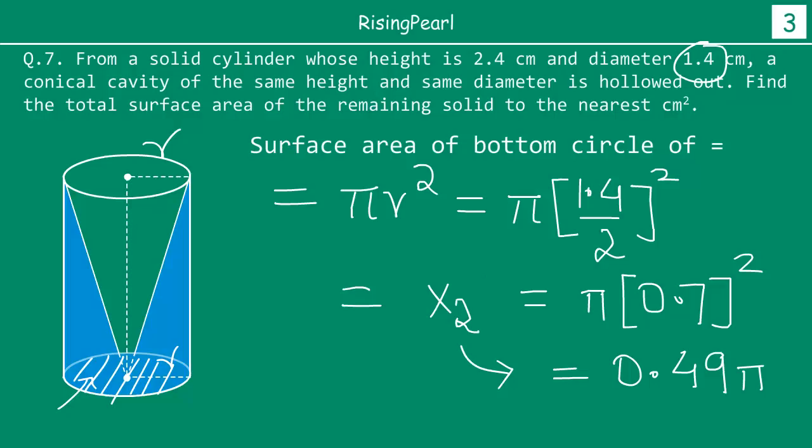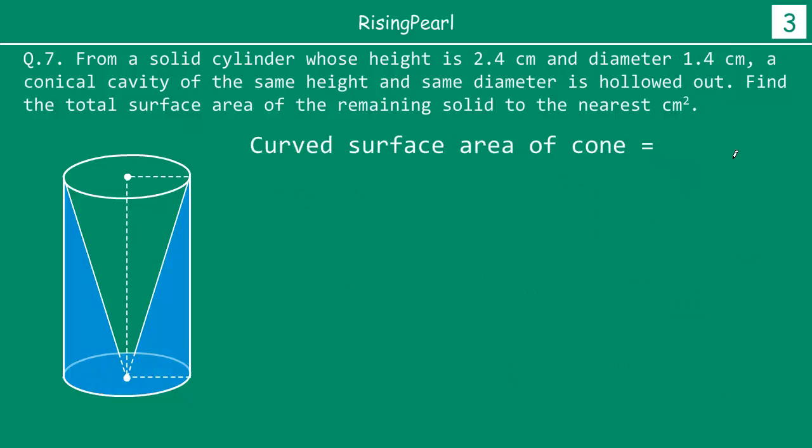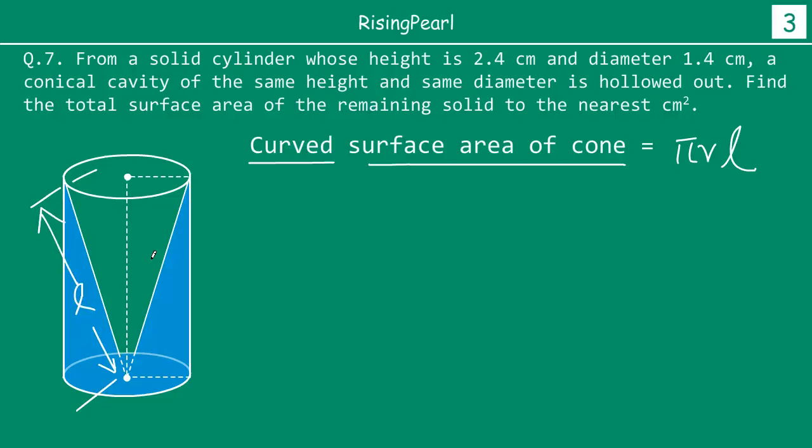And then finally we have the curved surface area of the cone. So for the cone, the important thing is the formula is pi r L. So what is L? L is actually this length. So from here to here, that is the slant height, this length is L. Now what is this length?